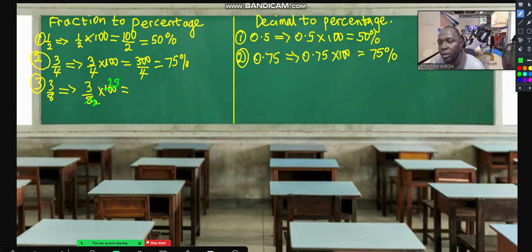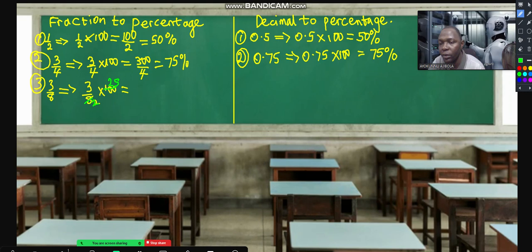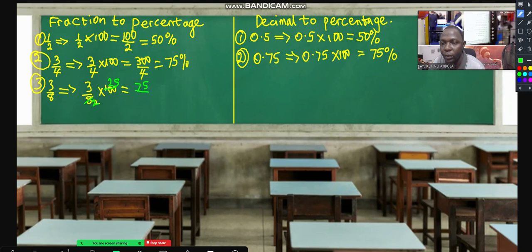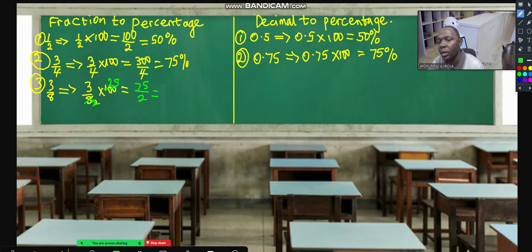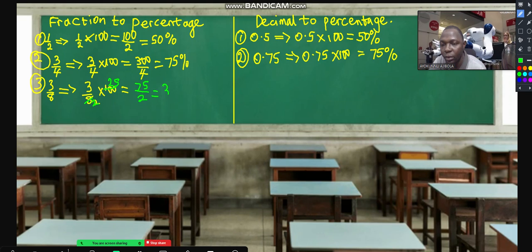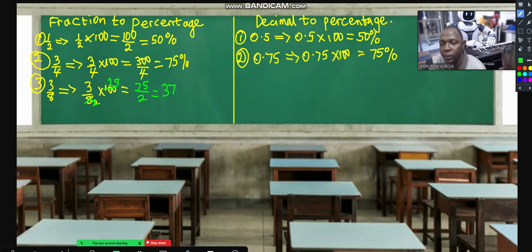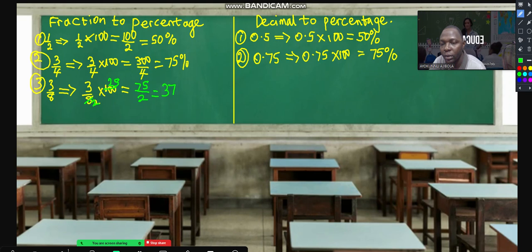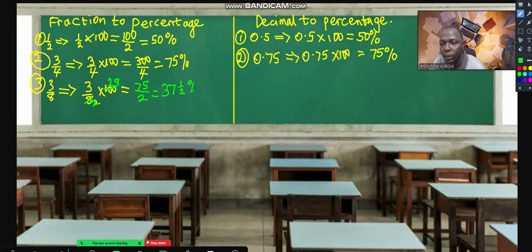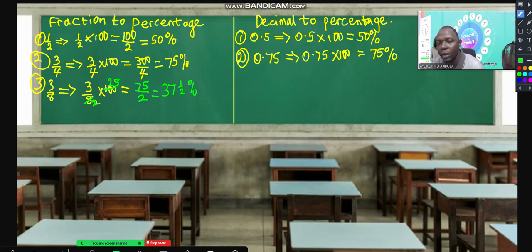So we have 25 times 3 divided by 2. That will be 75 divided by 2. How many times does 2 go in 7? That's 3. 2 in 15, that's 7. So that will be 37.5%.